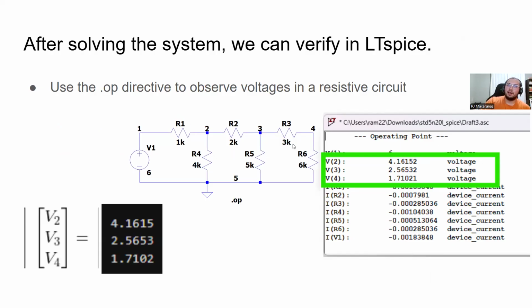I've got my 1K, 2K, 3K, 4K, 5K, and 6K, and I've numbered all the nodes as we had done. I've used the 6 volt source, and I did this .op SPICE directive. Again, we get those exact same node voltages just as calculated, which is always a good sign, because it's a way to show that you are doing your analysis correctly.